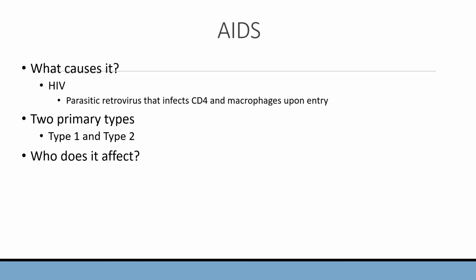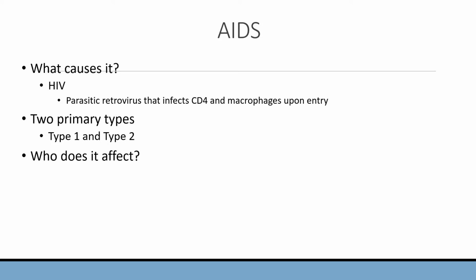Numbers are decreasing, and we're learning how to manage and treat AIDS, but in the 80s, the AIDS epidemic was running rampant among certain high-risk populations. Those high-risk individuals include African Americans, individuals in the South, and men having sex with men.